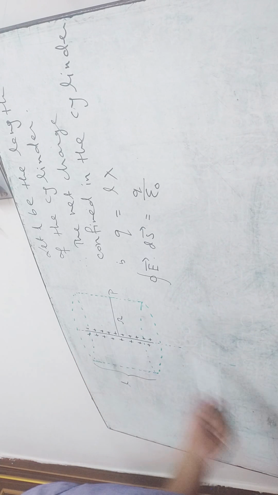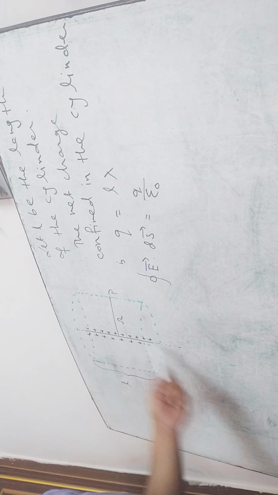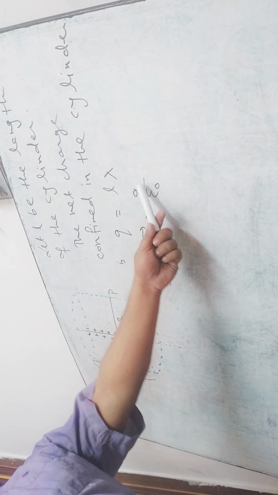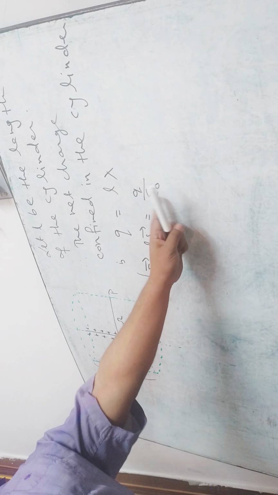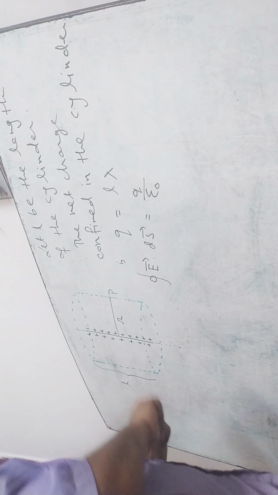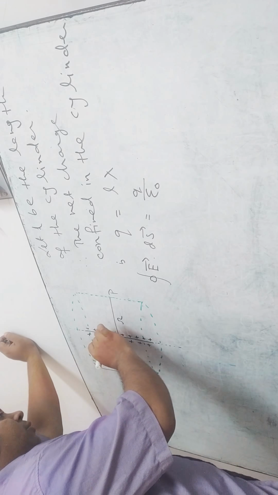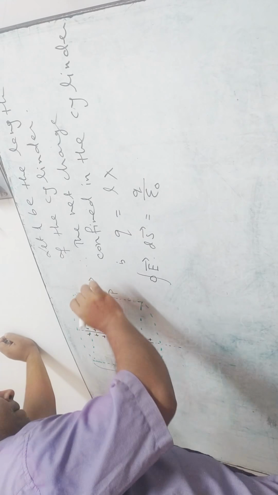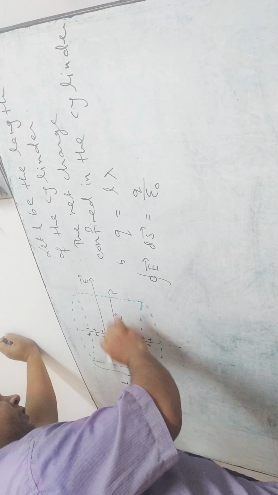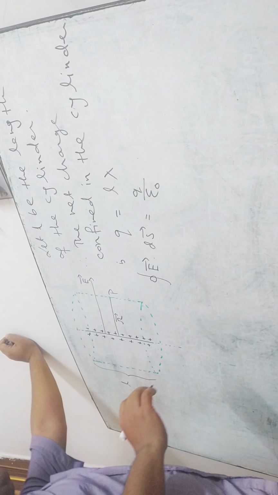Here we consider that the wire is placed in air, therefore the constant is epsilon 0. Now the direction of the electric field E is along the radius of the cylinder.